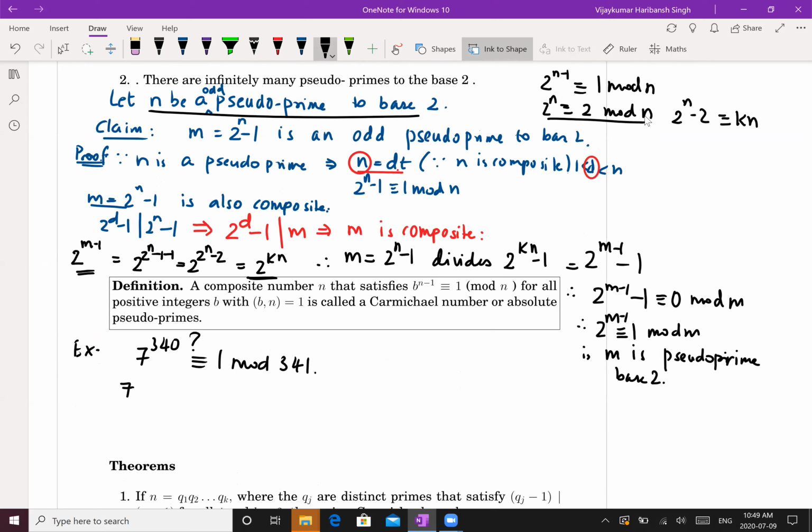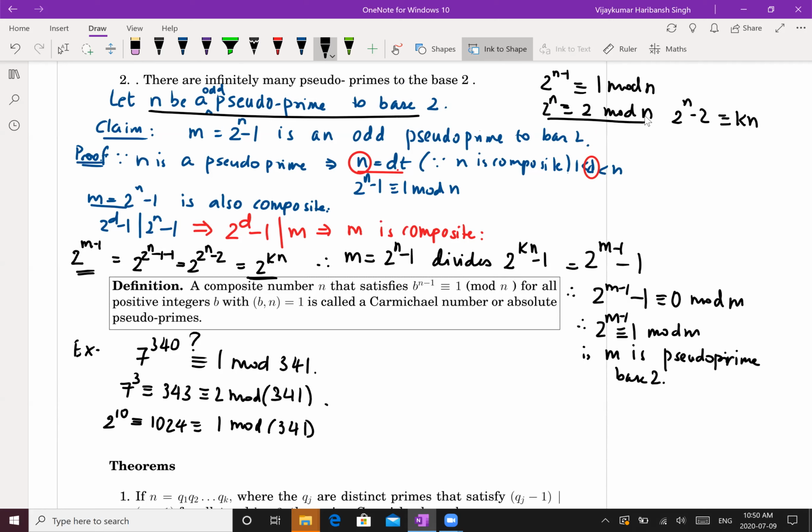You can see that 7 to the power 3 is equal to 343, which is congruent to 2 mod 341, right? And we have 2 to the power 10 is 1024, which, when you divide by 341 times 3, you get 1023. So it's going to be 1 mod 341.